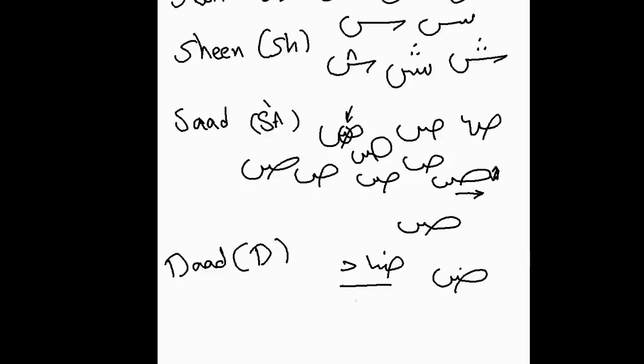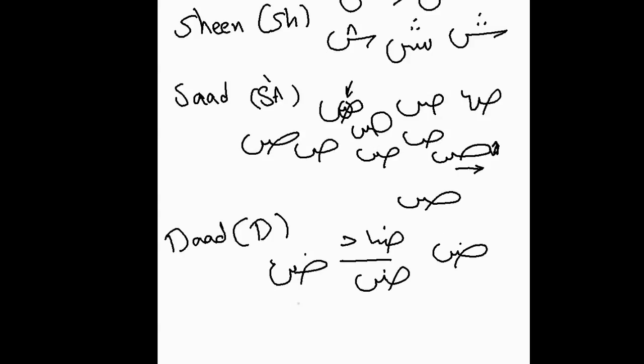Oh sorry, I said the word here. Dad, similar to Sad and with a dot. So you have a loop, remember, not a circular loop, and then a slot, and then a circle and a dot. So that's Dad. So these are the 4 letters for today.